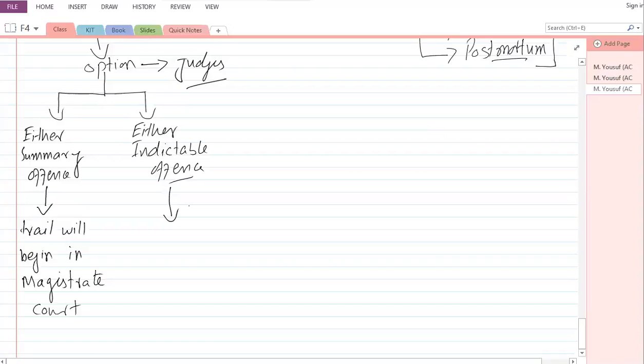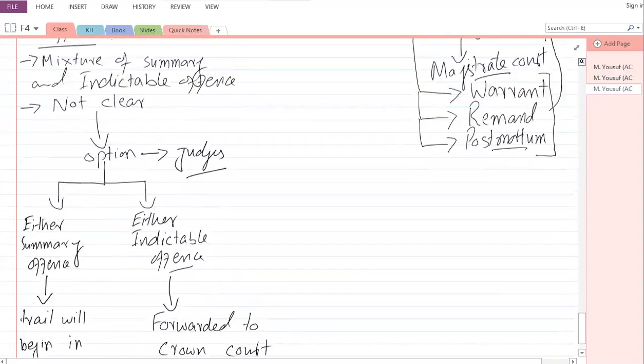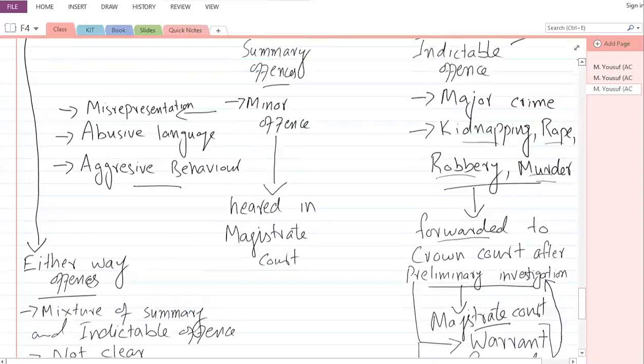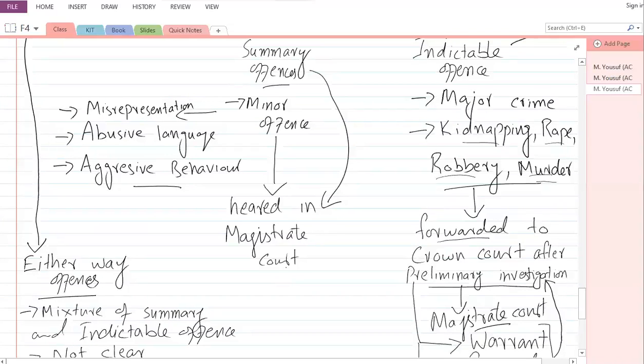But if they treat these either way offences as an indictable offence, it will be forwarded to Crown Court, as was the case with normal summary and indictable offences. So we can see that summary offences are heard in magistrate court and indictable offences are heard in Crown Court after preliminary investigation.